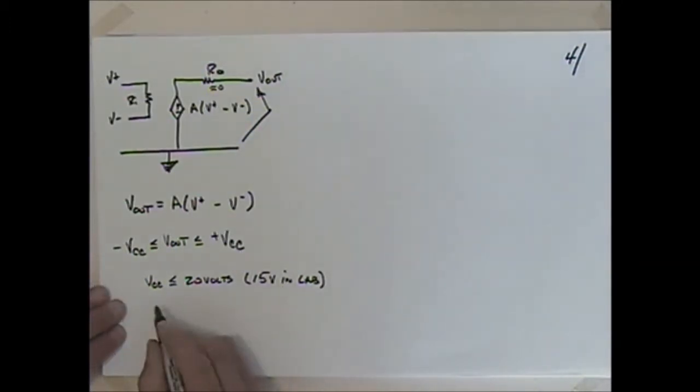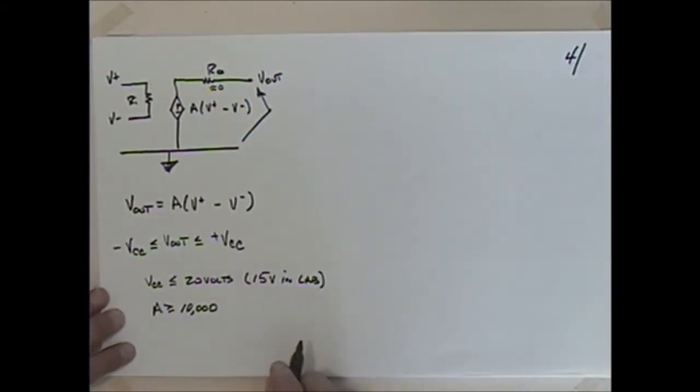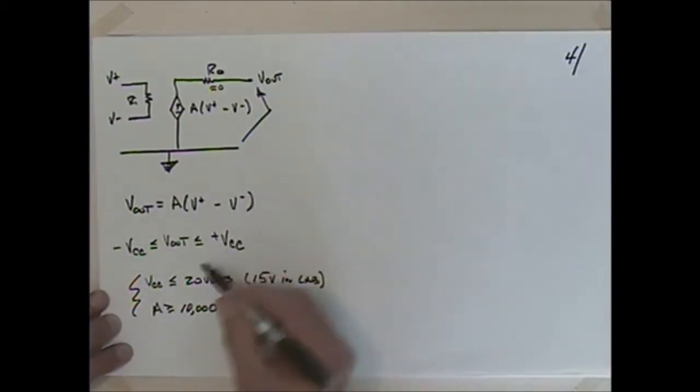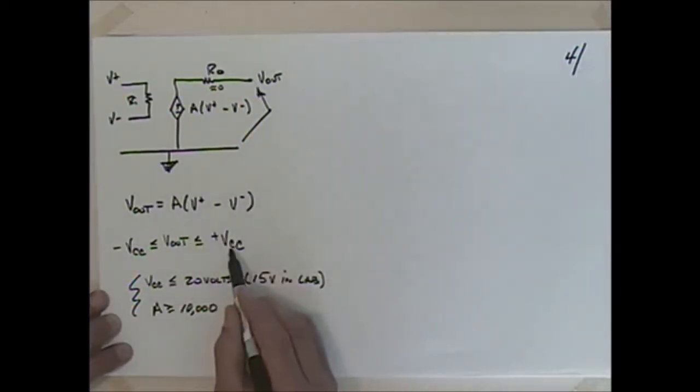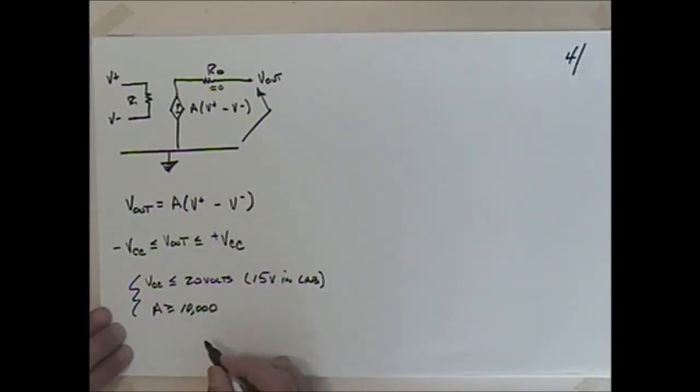Okay, and we said that A was somewhere we would like it to be as large as possible, but it's got to be larger than or equal to about 10,000. So if we throw these two quantities up into here, recognizing that V out is limited by plus and minus VCC, that's limited by plus and minus 20 then, and A is 10,000, we get what?